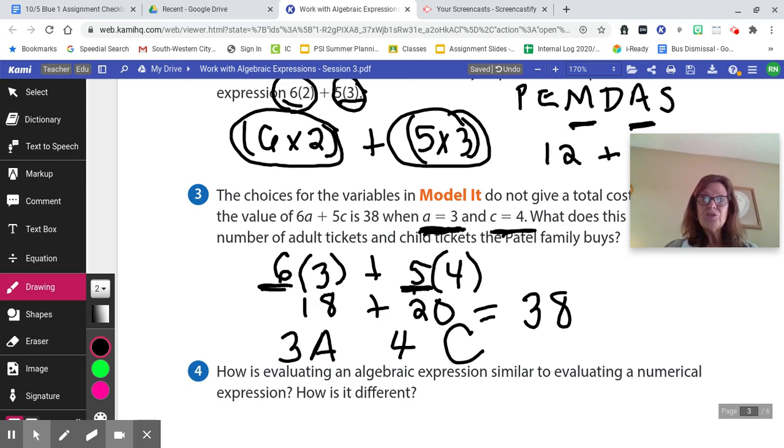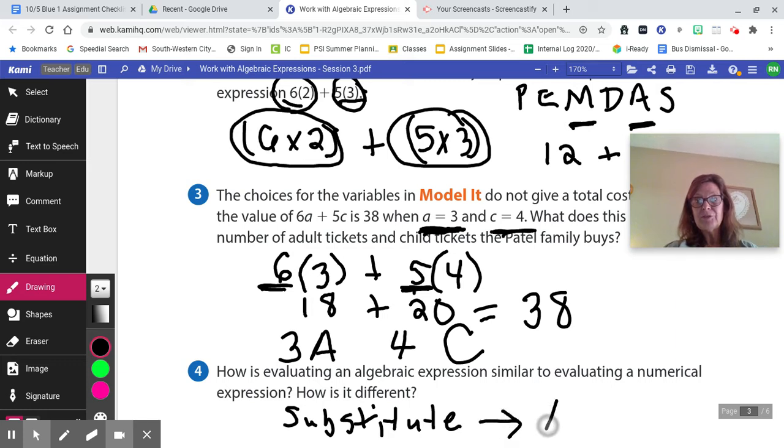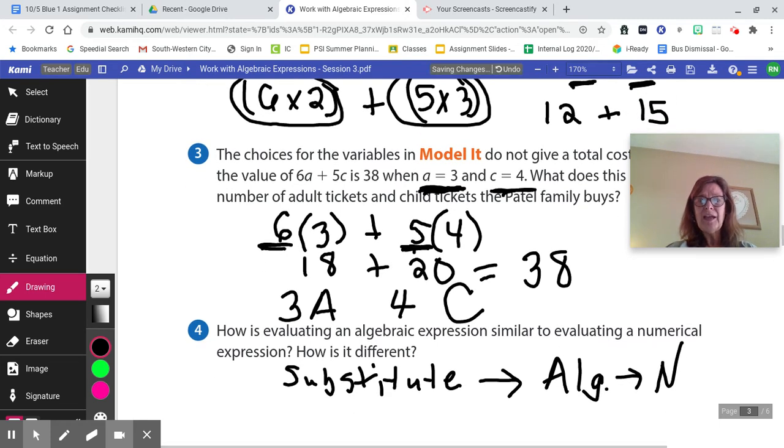When you substitute the value, the algebraic expression becomes the numeric expression. It's different because in the algebraic expression, we have variables that can change. In a numerical expression, it doesn't change. That is the value of that equation.